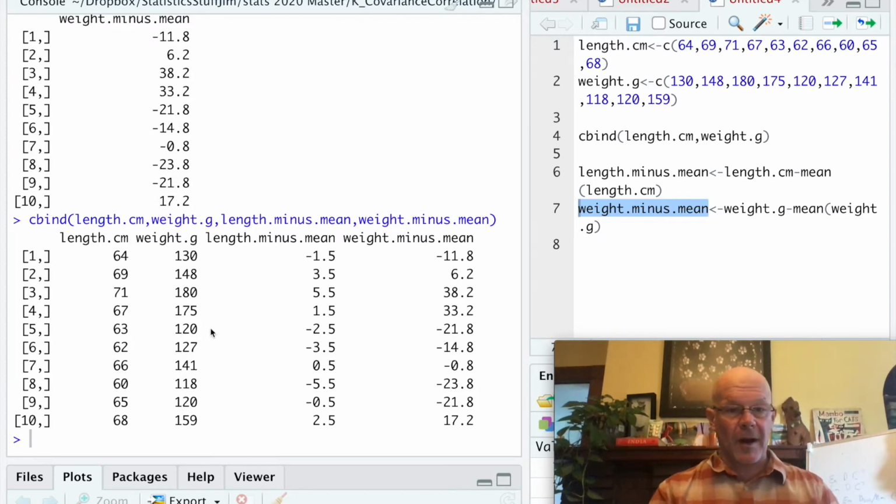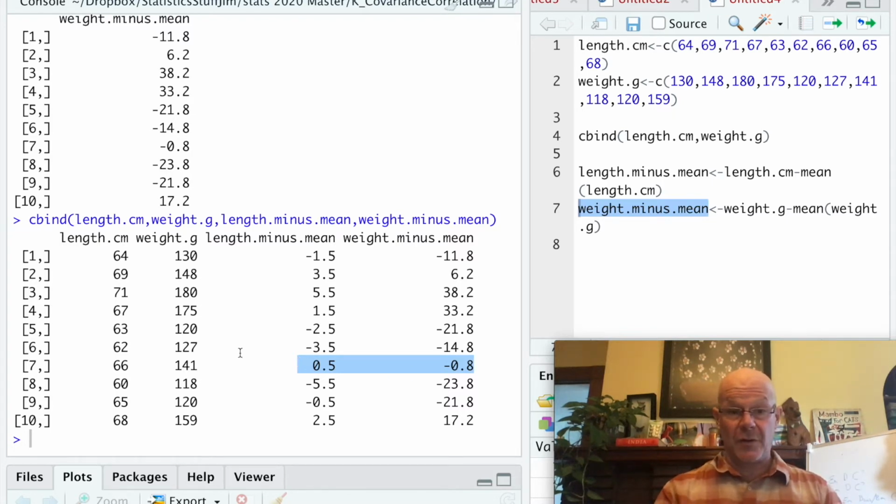And so here's our raw data, and for each of these, 64 is 1.5 less than whatever the mean is for the length in centimeters, which by eyeballing this and doing a little arithmetic in my head, I'm guessing is somewhere in the neighborhood of 65.5. But here's an example of an individual that was positive for the length.